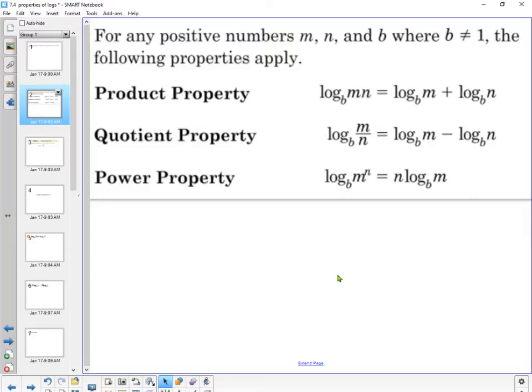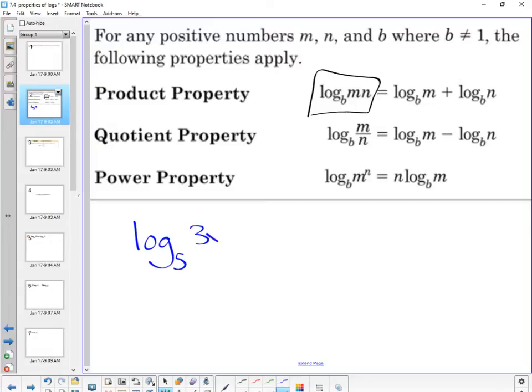So let's talk about some of these properties so that you know what's going on here, and then I'll give you some actual values so it makes a little more sense, okay? If you take a look at this first one, you've got log base b of mn. Let's say you had log base 5 of 3x, and they want you to separate it.